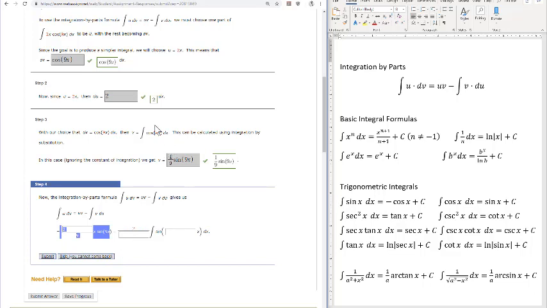Now we have to say v du. So v is equal to 1/9 sine 9x, times du, which is going to be 2 times dx. So the 2 is here, and then the dx is here.